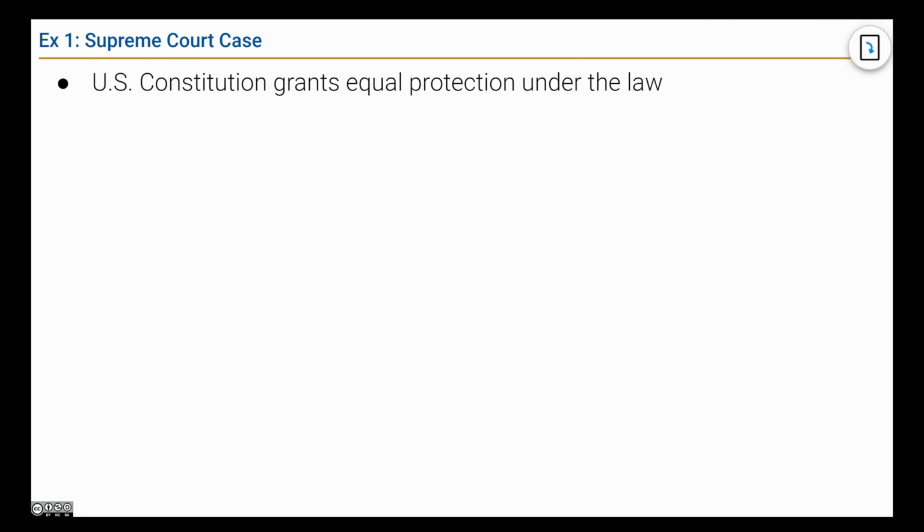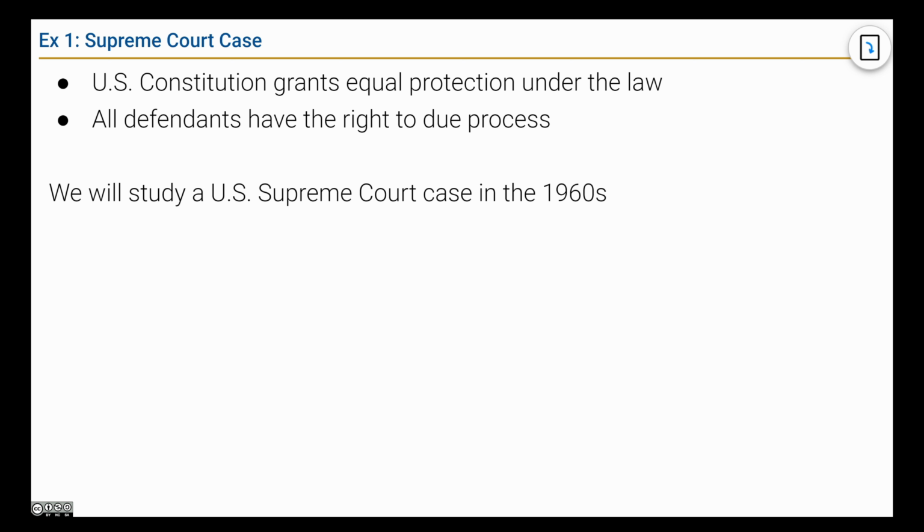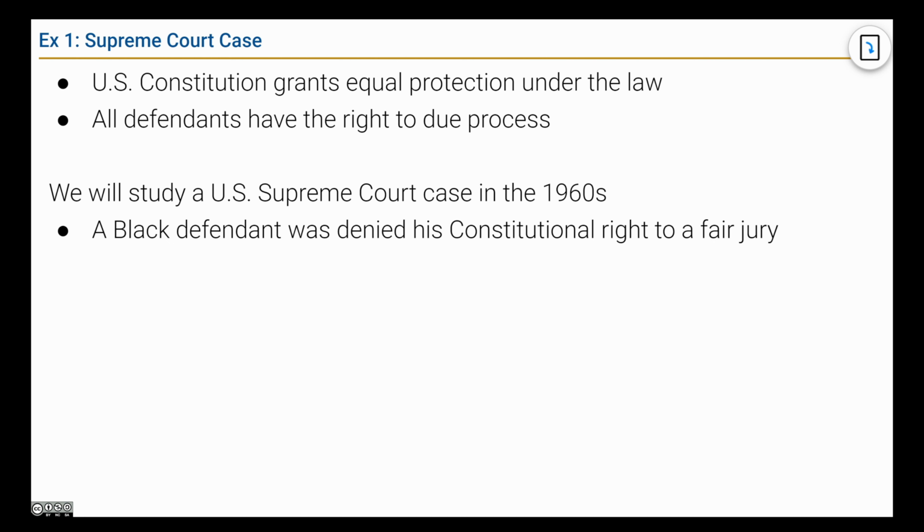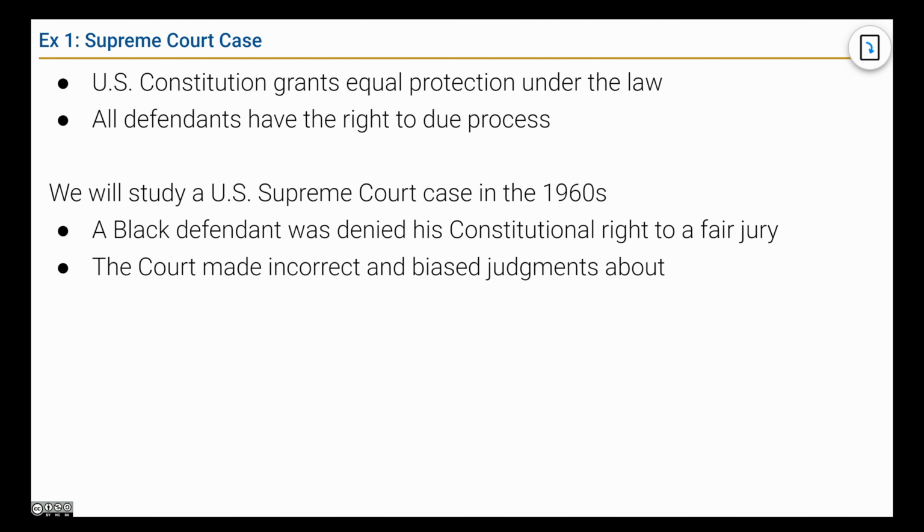Let me give you a little bit of background. The U.S. Constitution grants what's called equal protection under the law. So anyone who is accused of breaking the law has the right to what is called due process. We're going to study a Supreme Court case from the 1960s in which a Black defendant was denied his constitutional right to a fair jury.